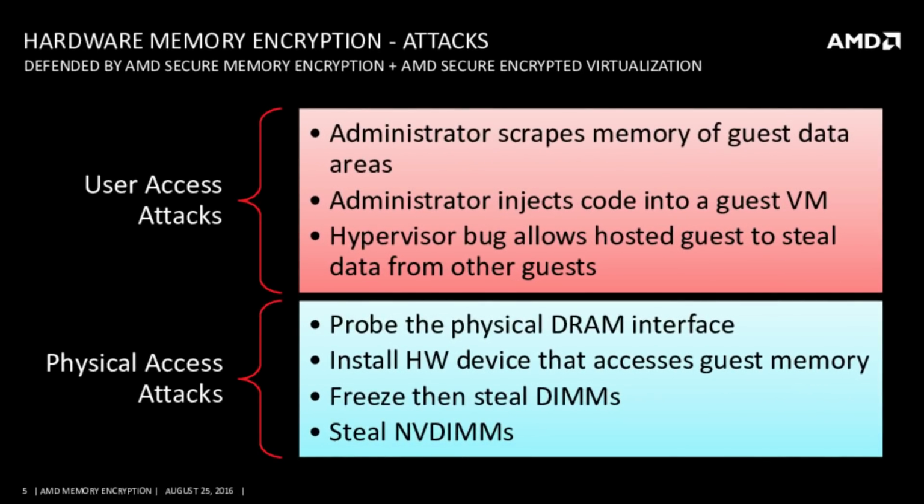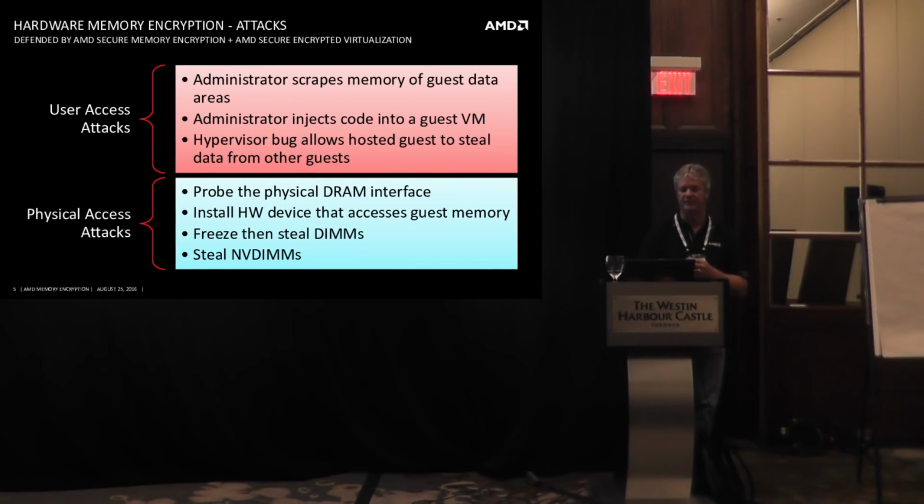Some of the attacks that we're trying to defend against with secure memory encryption are physical attacks. Somebody who has physical access to the machine can do things like probe the DRAM interface, and we've even heard of freezing the DRAM and taking it to access it later.